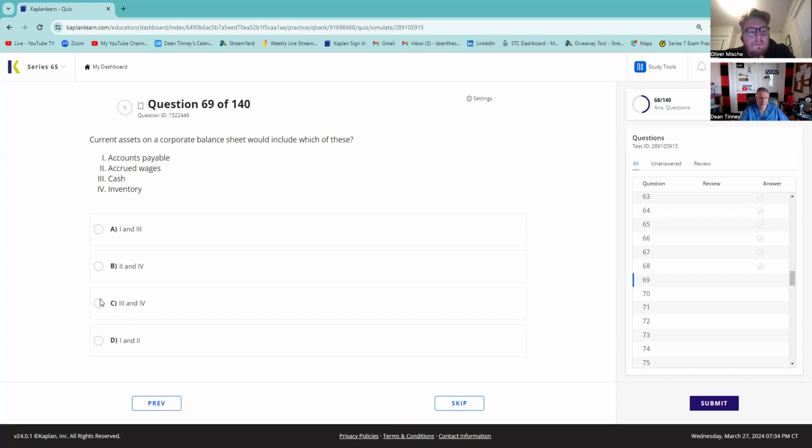Good job. If we took the current assets and we minus the inventory, what would we be left with? Be careful because you answered something I didn't ask.